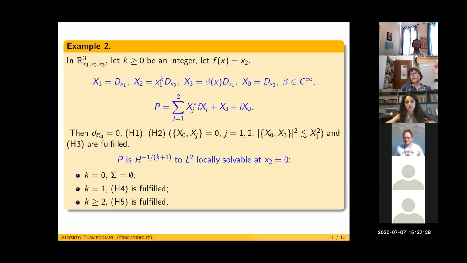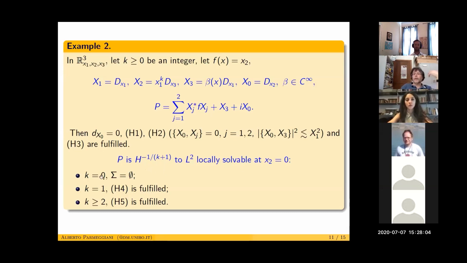There is zero divergence for X0, so one sees easily that everything is under control. And actually, this is an operator which is H minus 1 over k plus 1, because if you take k plus 1 commutators in this case, the gain by the Rothschild-Stein theorem is k plus 1, the best one is of this kind, to L2 locally solvable.